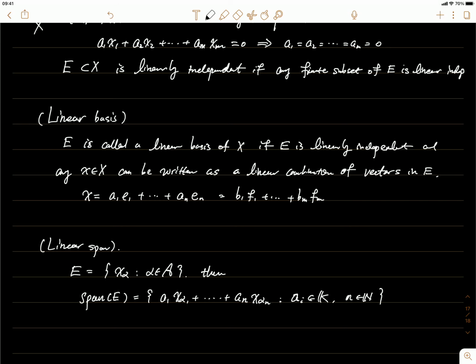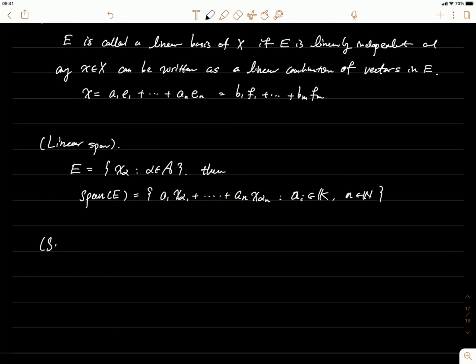The last one is the sum, or direct sum. Suppose we have two linear subspaces of X, E1 and E2, then we can talk about the sum of them.